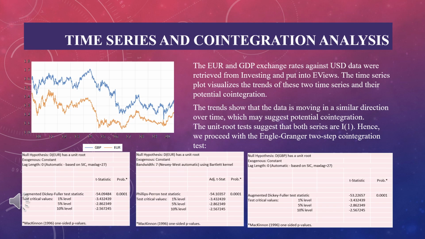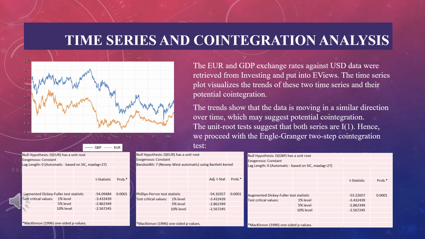Here we can see that the slide focuses on the exchange rate of EUR versus the USD and the GBP versus the USD. The exchange rates were downloaded from investing.com and plotted to see if cointegration is possible.